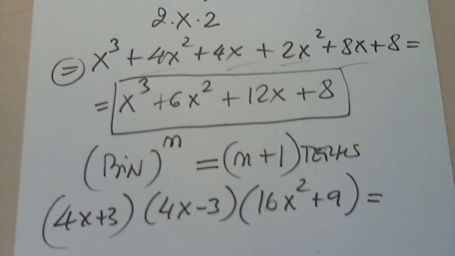If it is, let's use it. I'm not against FOILing. I'm against going backwards in algebra. Is (4x plus 3) times (4x minus 3) a special product? Yes, and obviously it's the difference of squares. Okay, so I'm waiting for you to tell me what to write.